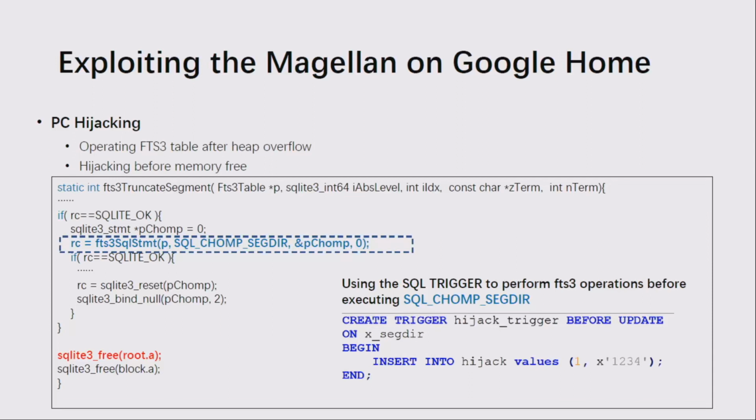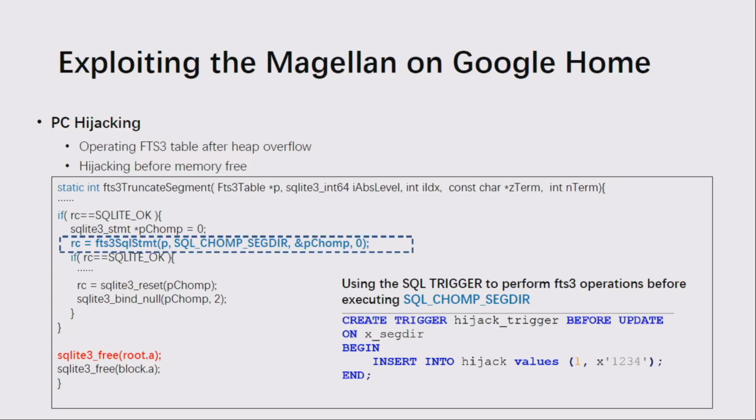Here are two conditions that need to be met. The first, after the overflow it is necessary to be able to operate on the FTS3 tables. In addition, the hijacking needs to be completed before the memory is released, otherwise the crash will be interrupted.